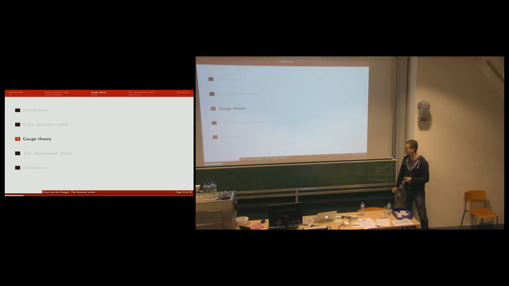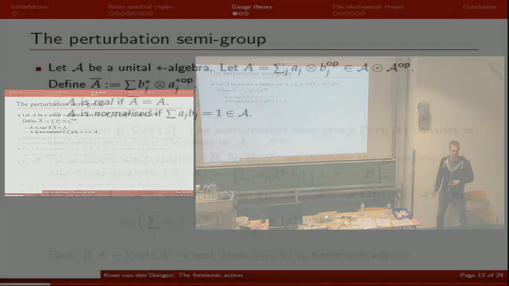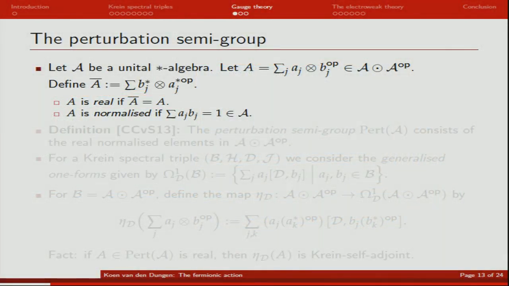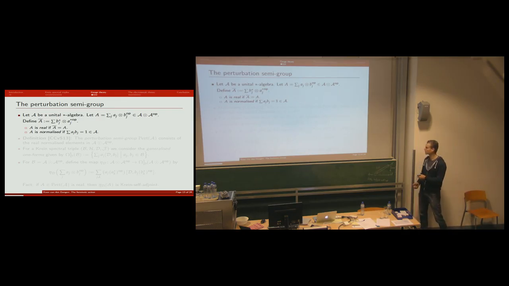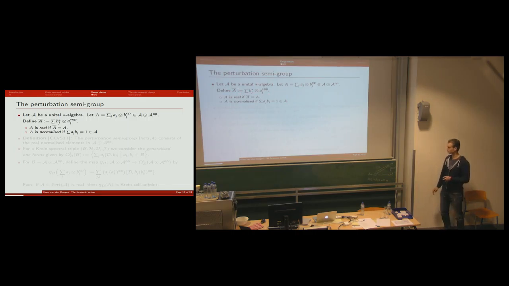So let's continue and do a little bit of gauge theory. In particular, I want to see how the gauge fields pop up in this framework. For this, I basically follow the approach by Connes, Chamseddine, and Walter. So I'm going to look at the perturbation semigroup. It's defined like this. If I start with any unital star algebra, I look at finite sums of tensor products. I can define a bar, which is just swapping the two elements and taking the adjoints in the algebra.